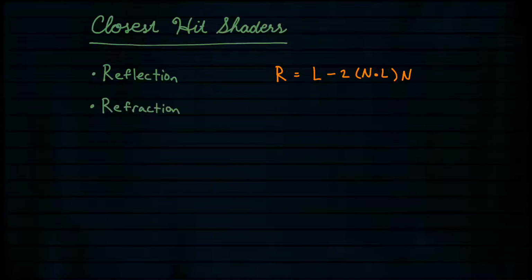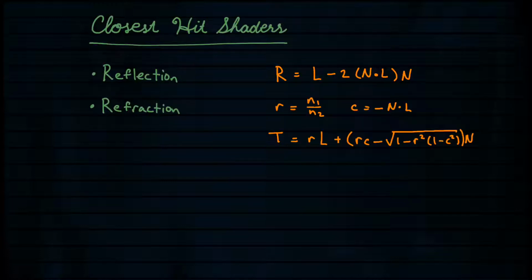Secondly, we would like to do refraction. And with refraction, we're trying to find an angle that's going into the surface, and to do this we need to know the index of refraction. We can calculate this using this equation over here, which is essentially the ratio of the index of refraction, and the cosine of the angle between the normal and the light vector.